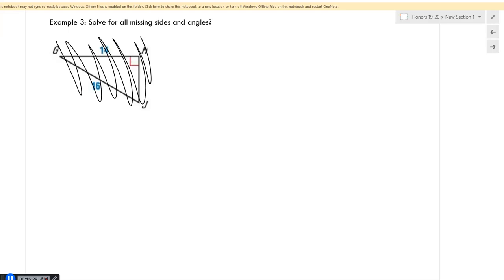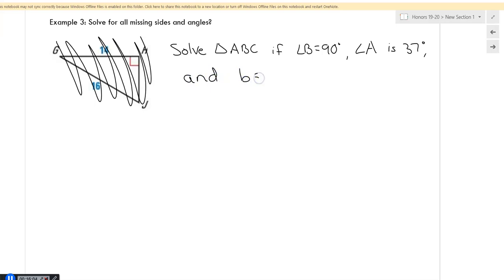And it will say something like, solve triangle ABC if angle B is 90 degrees, angle A is 37 degrees, and then we'll say something like little b is 17. I'm making up numbers. Okay.